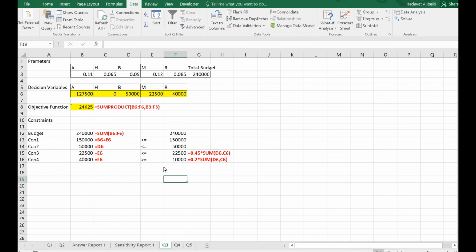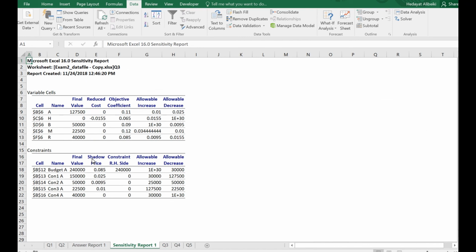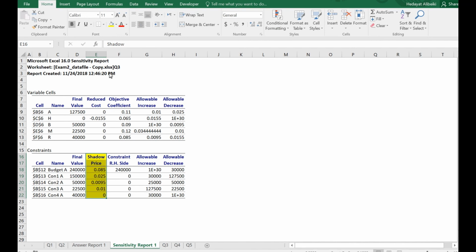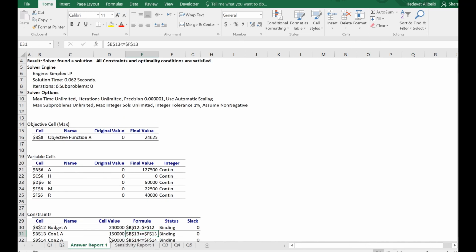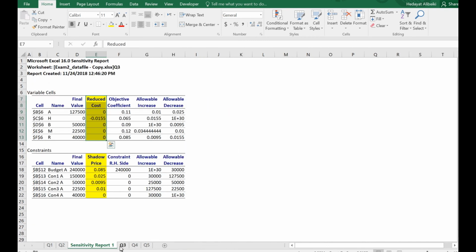If you need it, this is how you add it, and then these are the shadow prices for different constraints. And then these are the reduced cost, the opportunity cost for each variable, and then here's the answer report. But even for the answer report, I'm just going to delete this one, and go back to my original sheet here.